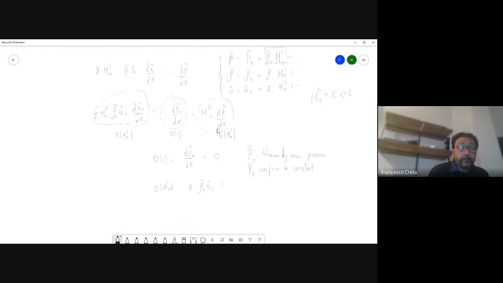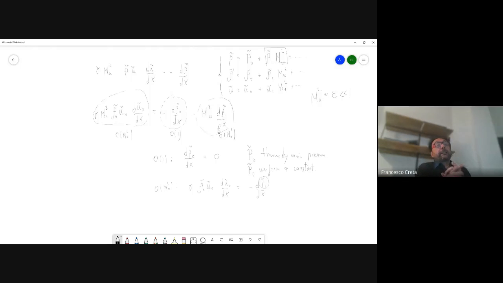So you have essentially a form of the momentum equation, your Navier-Stokes equation, which only retains the higher order pressure.